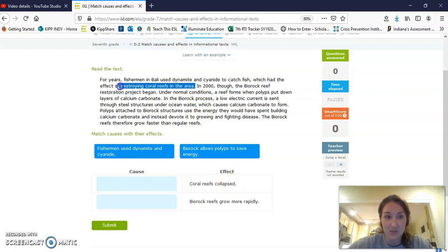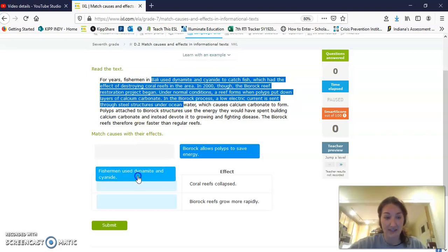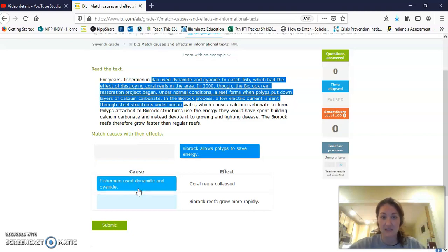That's listed here, and we know that's our effect because it says, which had the effect. Now we're looking for the cause, which typically is stated directly before. We know that the destroyed coral reefs happened because the fishermen in Bali used dynamite and cyanide to catch fish. So we're going to drag that cause down to this box.